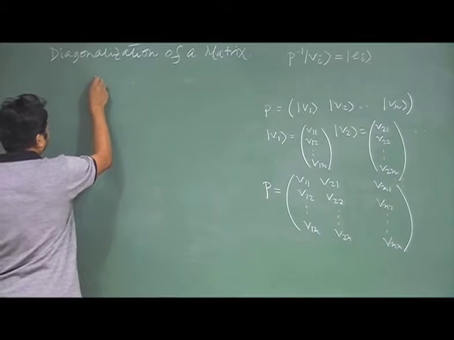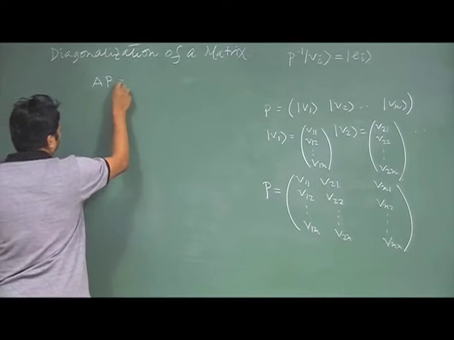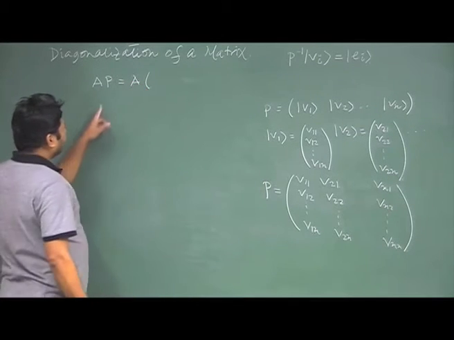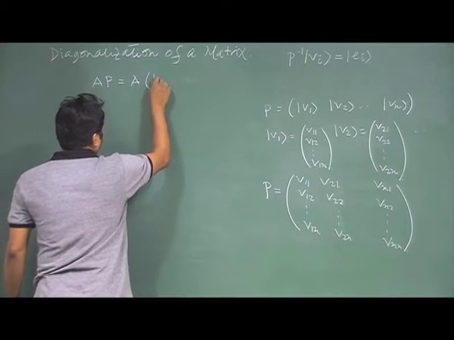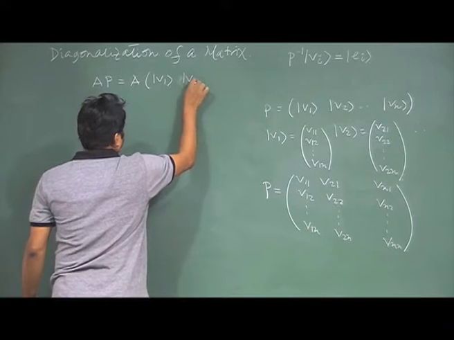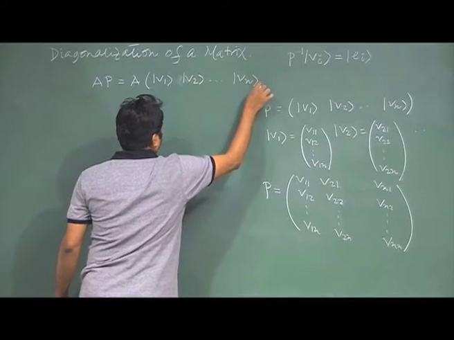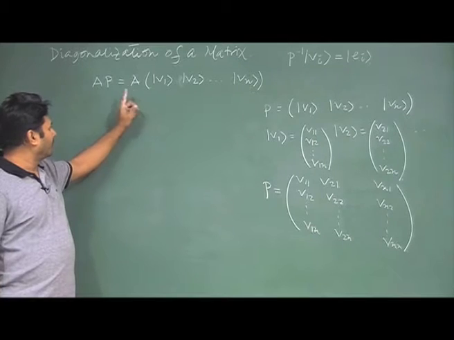Now, let us write what AP is. AP is the matrix A multiplied by the P matrix. I write the P matrix in this form: V1, V2, up to Vn.